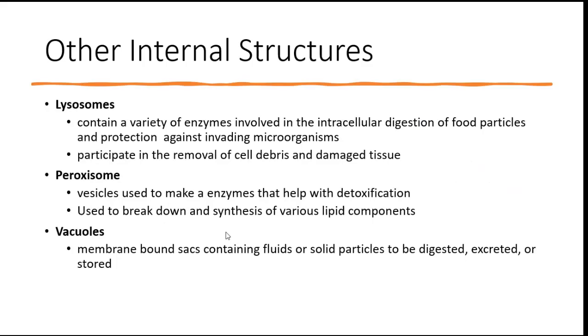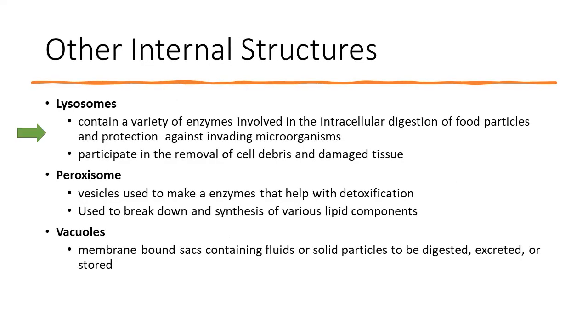Now, just a couple of other internal structures that we're going to briefly hit on for definition sake is the lysosomes. Remember, lysosomes were produced in one way by the Golgi apparatus, and they're going to have various enzymes, which are proteins. They're going to have various different nutrients, protective chemicals, etc. They're either contained within the cell, or sometimes, as I mentioned, they will get pushed to the exterior of the cell, especially if it's any kind of debris or damaged material that needs to get rid of.